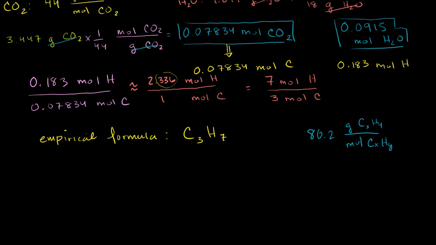It would be 3 times 12 plus 7 times 1. 3 times 12 is 36, plus 7 is equal to 43. So if this was the molecular formula, its molecular mass would be 43 grams per mole. But they tell us in the problem that the molecular mass is 86 grams per mole. So they're saying that the mass is twice as much as this. We must have twice as many atoms in the same ratio.